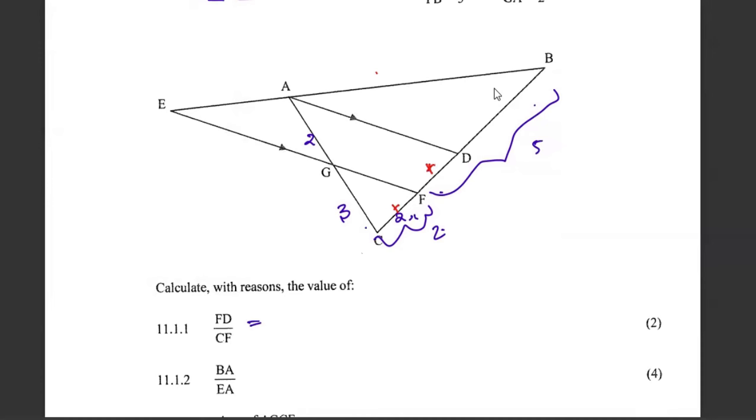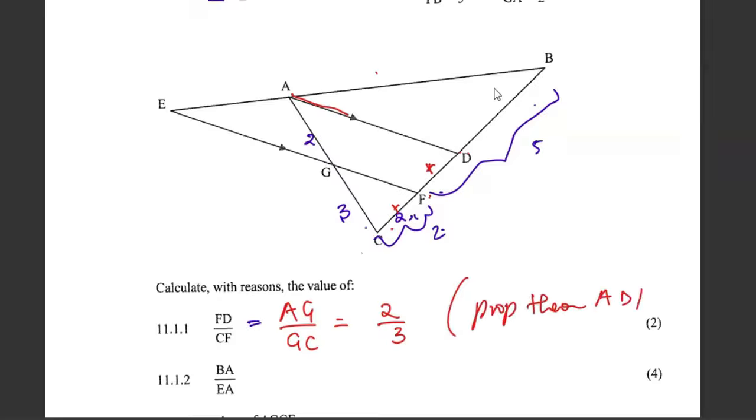Now, what I'm seeing is that if I look at these triangles CAD, if I look at FD over CF, it's going to be the same as AG over GC, and that's going to be 2 over 3. So the reason is the proportionality theorem because AD is parallel to EF.